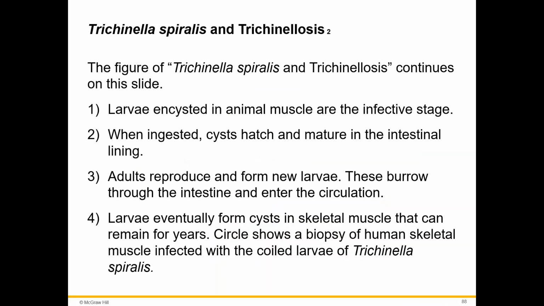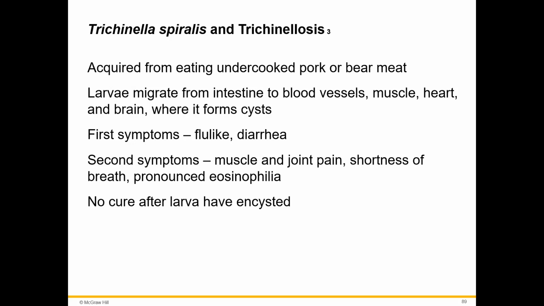How do you get these? Eating undercooked pork or bear meat. I didn't know about bear meat, but undercooked pork is usually how you get it. These larvae migrate from your intestines into the bloodstream. They get into your muscle, your heart, your brain, and that's where they form these cysts.